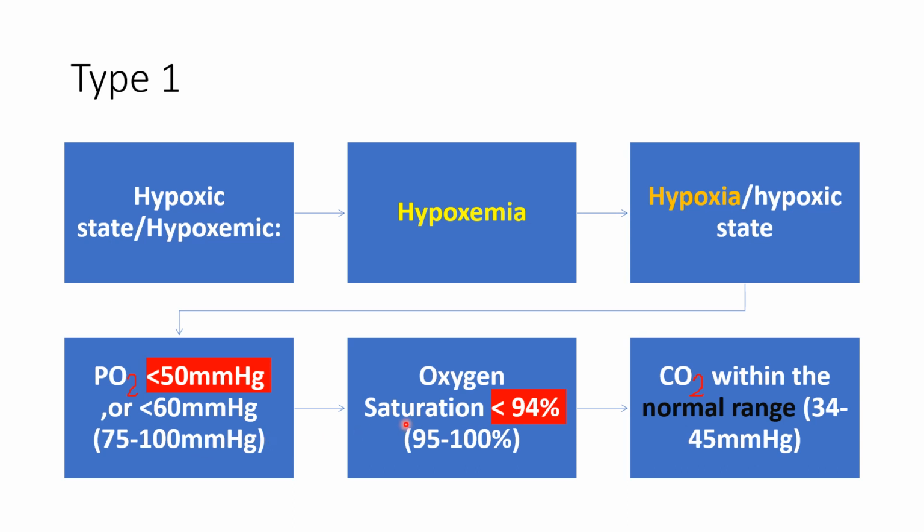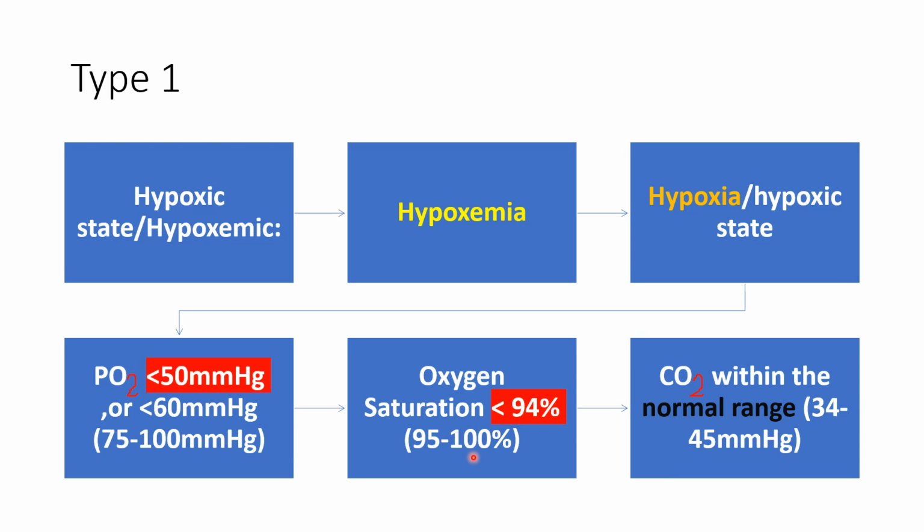Now, we will check another parameter under type 1 respiratory failure. That is O2 sat. Normally, we expect anyone without any lung-related condition to have 95 to 100% O2 sat, which is the number of hemoglobin that is carrying oxygen.